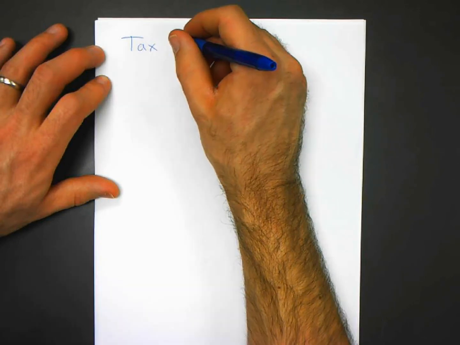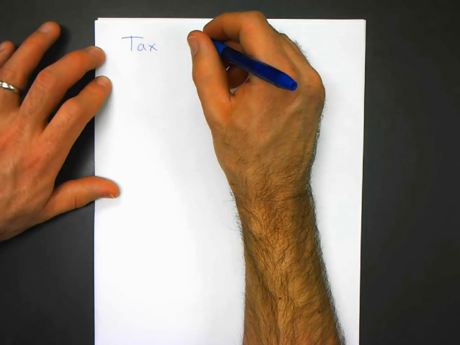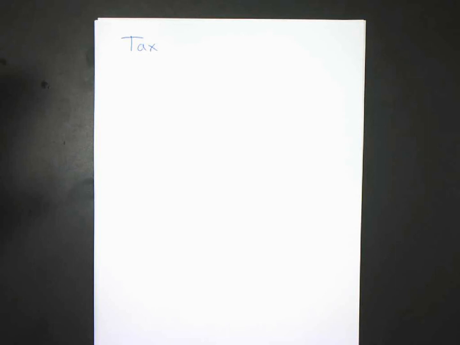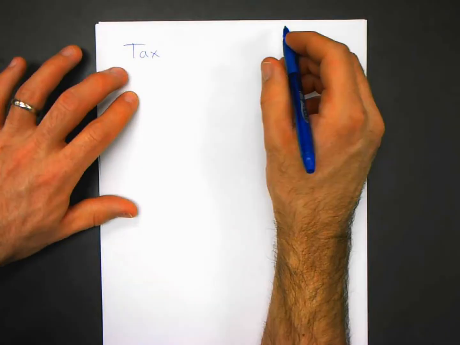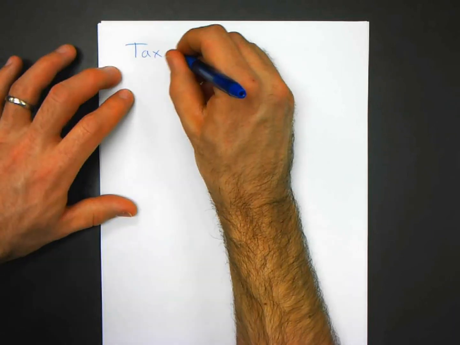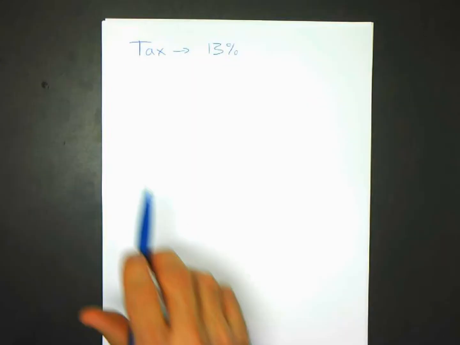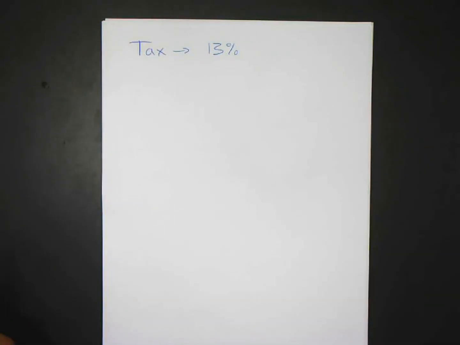It's kind of just an added bonus when you don't get charged tax on something. I think it's like healthy foods like broccoli and stuff like that. You go to the store, buy that. Oh, no tax was charged on that. But doesn't make much of a difference. So tax is 13%. Now, with tax, they add it on to your purchase. So they find 13% of whatever price you're paying, and they add it on.